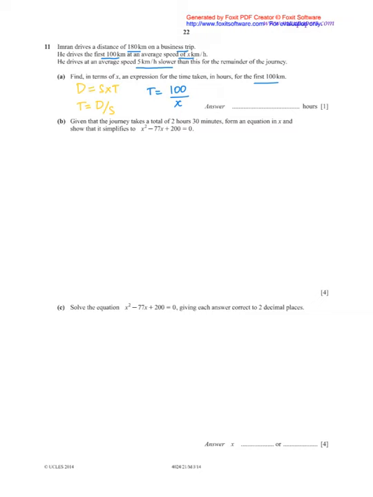In the next part it says that the total time is 2 hours 30 minutes. So what is the total time? Total time is 100 divided by x, plus the time for the remaining 80 kilometers, right? Because the total journey is 180 kilometers. Out of 180 he had covered 100, so the leftover is 80 kilometers, and the speed is 5 kilometers per hour slower, that means x minus 5, and the total time we have is 2.5.